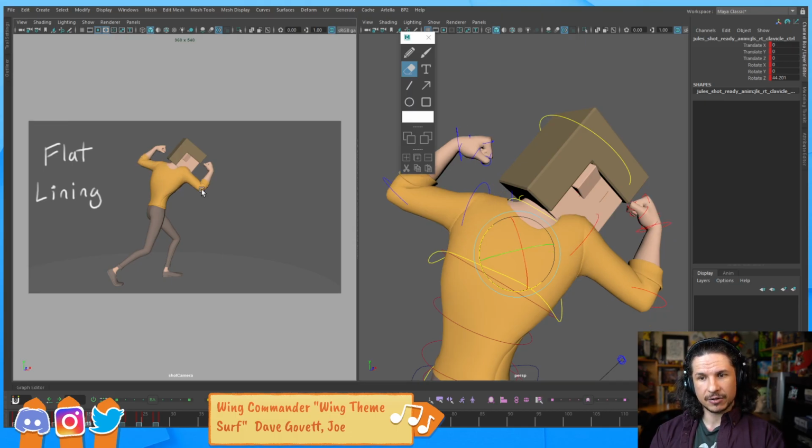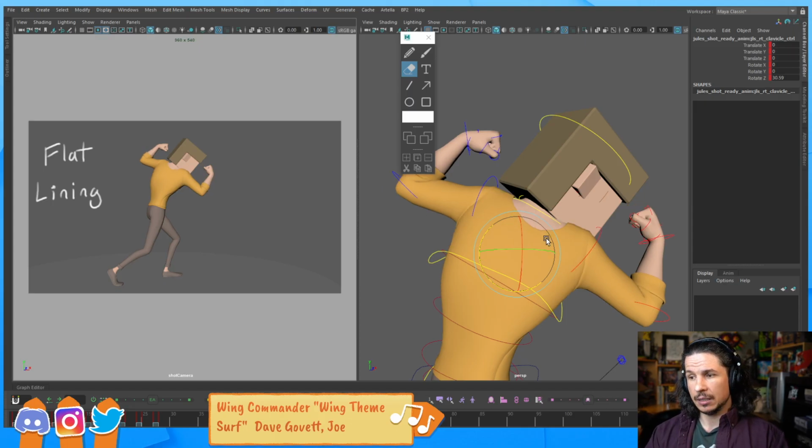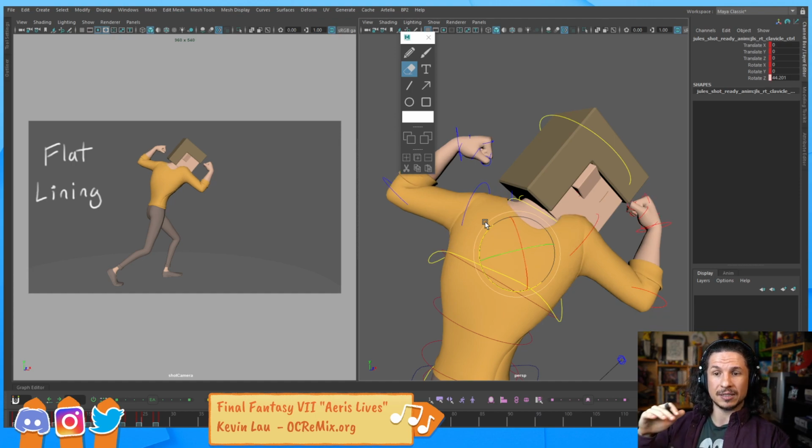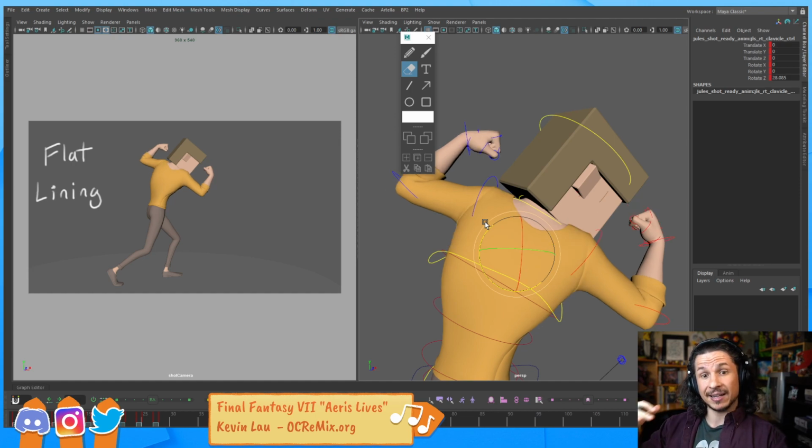This one is creating that flat, boring element in the shoulders. Honestly, I don't see this one that often, but it does happen quite a bit if you're not careful. So it's really just looking at your line of action, looking at the flow of your posing, and making sure you avoid any moment where the shoulders are just fighting against the pose you're trying to create. Okay, so flatlining, pretty simple one.